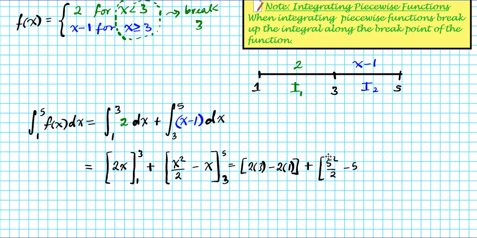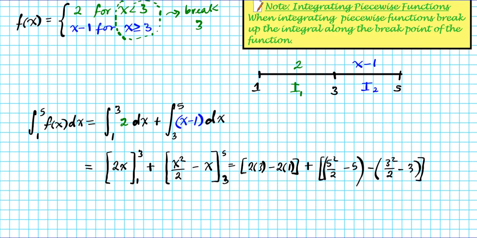Now this is where you want to be extremely careful when you're evaluating integrals using FTC1 and you have a minus. Don't forget to encapsulate the two quantities you're separating in parentheses. This parenthesis here will prevent me from making sign errors, so this is really important. So if I plug in 3, I have 3 squared over 2 minus 3.